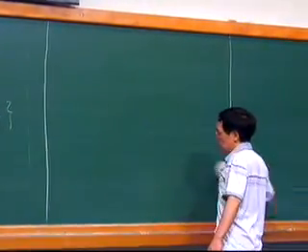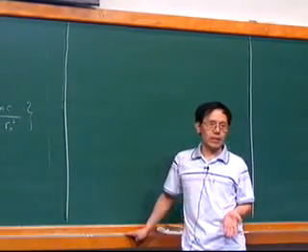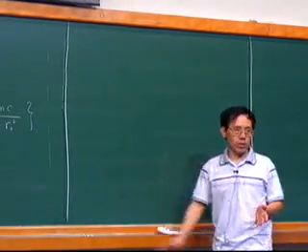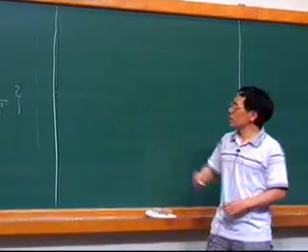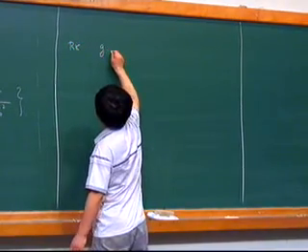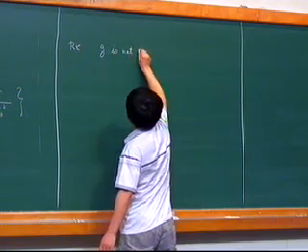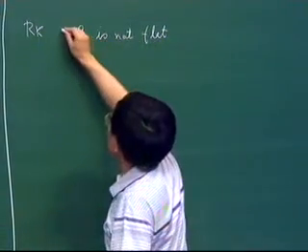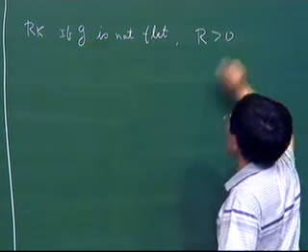And from the maximum principle, if the manifold is not flat, R must be positive at every point. So the remark here: if g is not flat, R is positive.